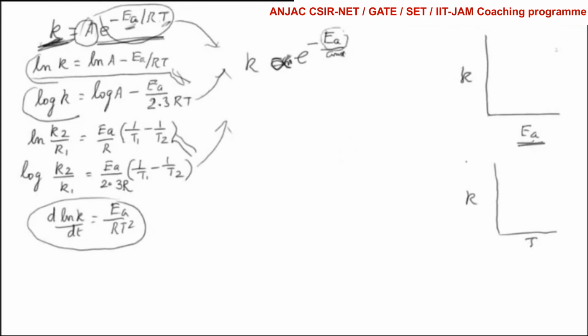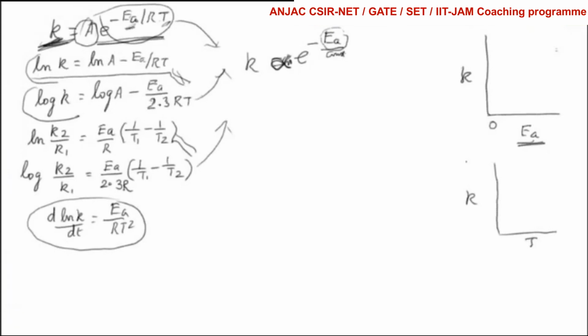As EA value increases, the e power minus value increases, and as we have already seen, at EA equal to 0 it is e power 0, that is equal to 1, and therefore the value would be here.